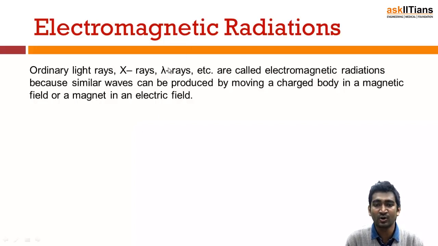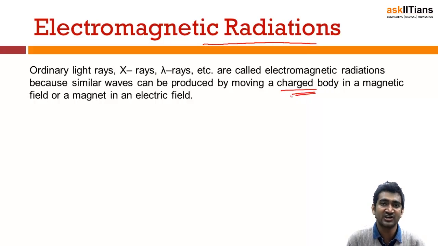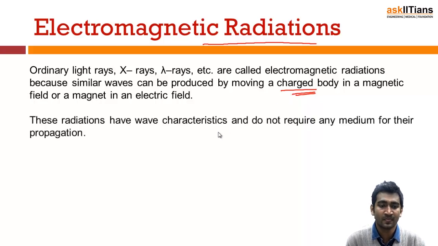So by electromagnetic radiation, I generally mean the radiations produced by a charged body, which is very important here, in the presence of any field. And the very unique characteristic is that they never require any medium for their propagation.